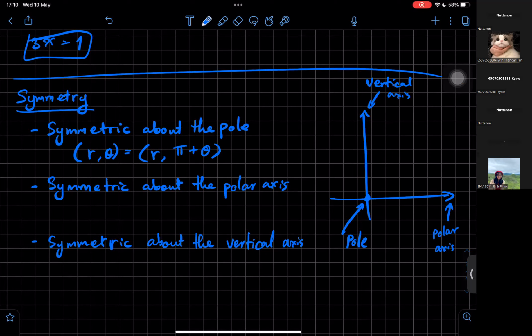In another case, if it is symmetric to the polar axis, it will be r of theta equal to r of minus theta.